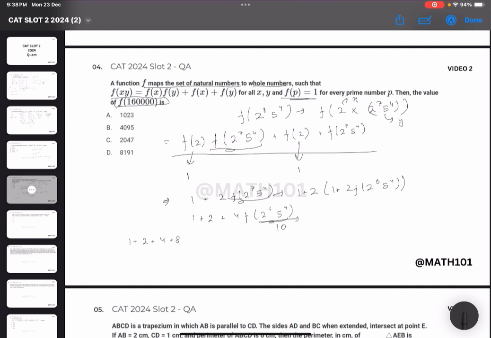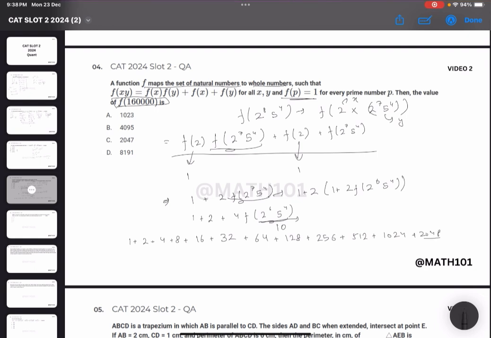So after 4, 8 is 9, 16, 7, 6, 5, 4, 3, this would be the last step.